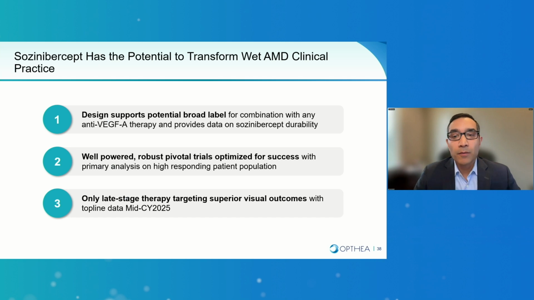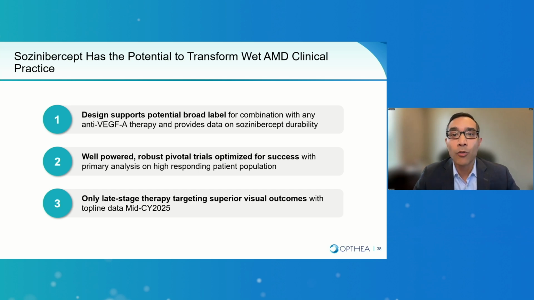So this program, and I can really just reiterate what Dr. Kanani and Dr. Wyckoff have said, has the potential to transform how we treat wet AMD in our day-to-day clinical practice. These studies are designed to support that potential broad label use for combination with really any anti-VEGF therapy, and also provide data on Sozinibercept's durability.